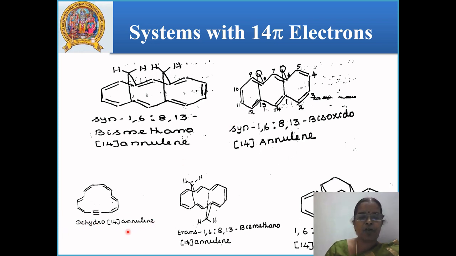This dihydro-14-annulene is also stable. One of the pi bonds of the triple bond is not involved in delocalization. The total number of pi electrons involved in delocalization in dihydro-14-annulene is only 14. The trans compound is not stable because it is not planar.